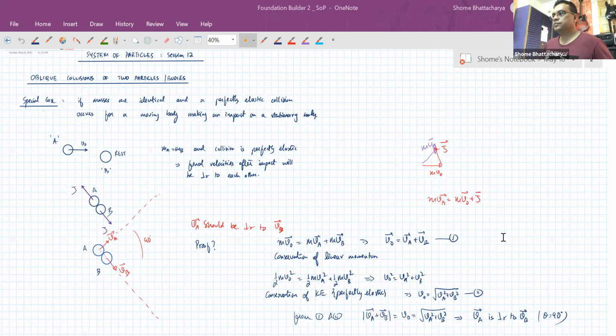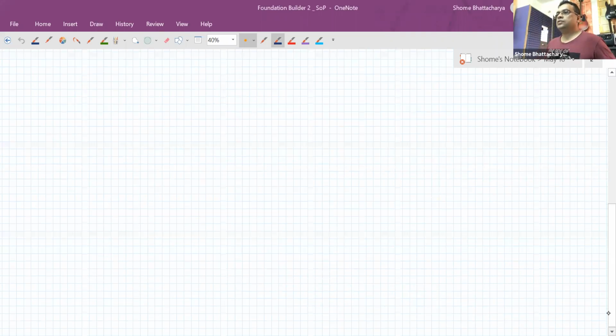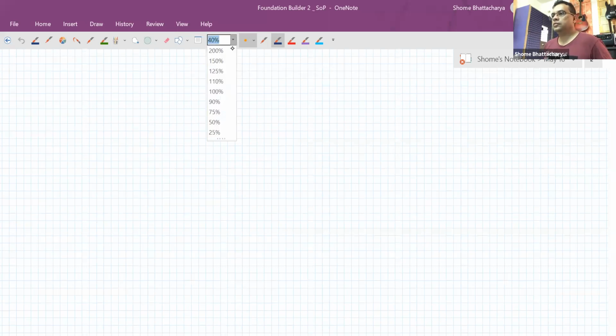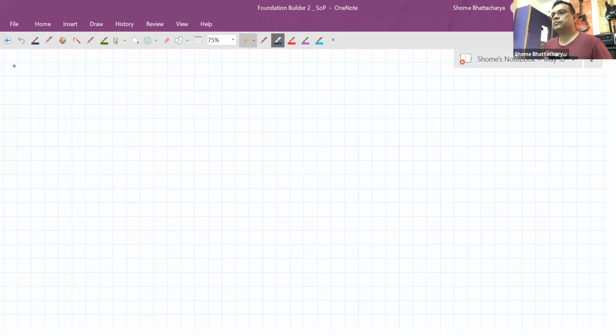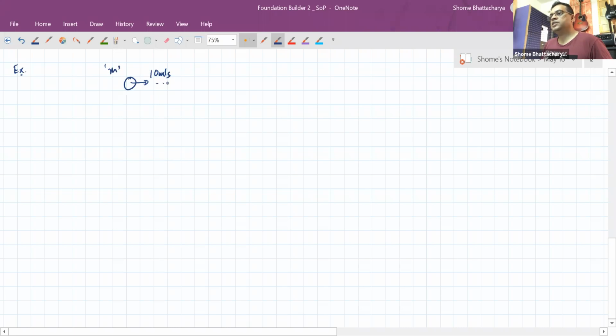Okay, so done with this now. So let's look at an example question. We have a mass m which is moving at 10 meters per second, and it makes a perfectly elastic collision with this other mass m.